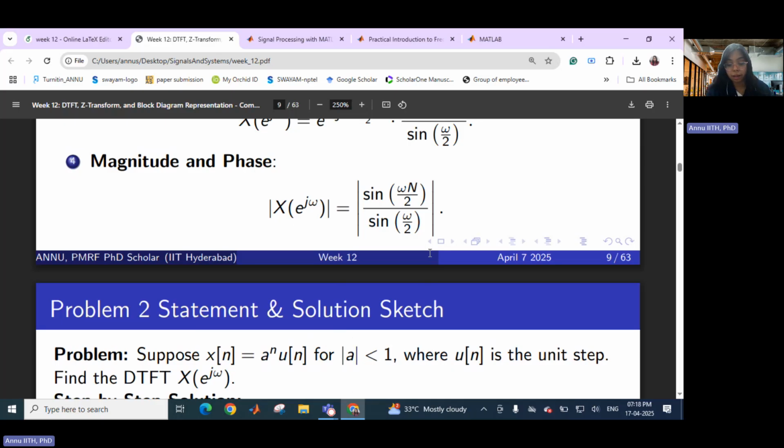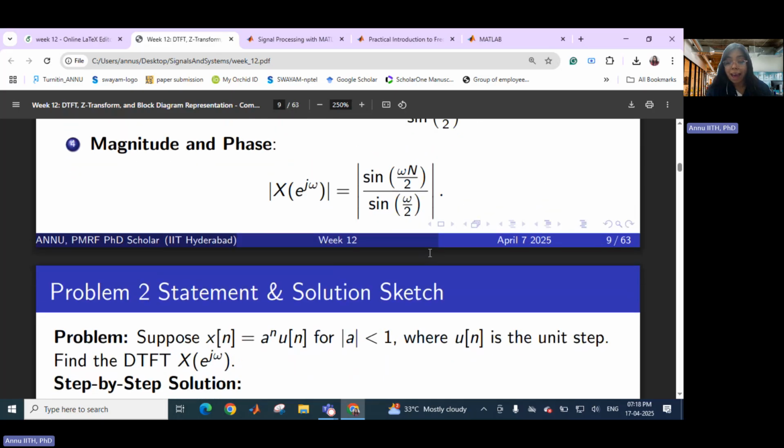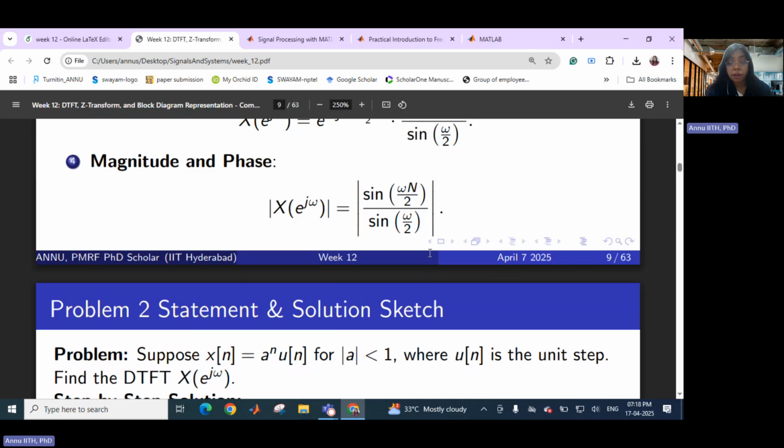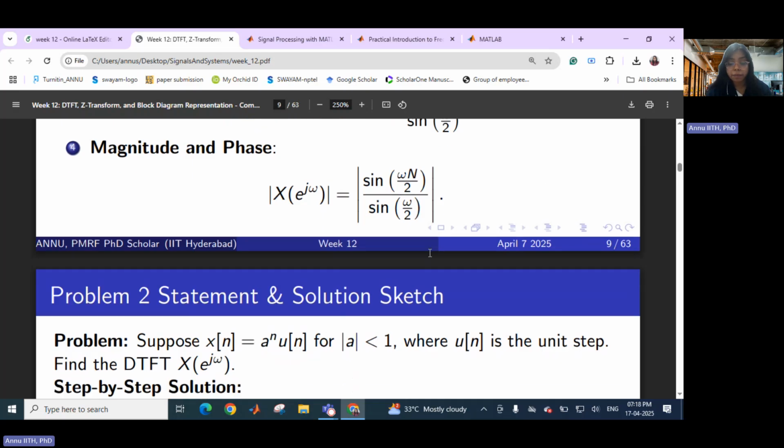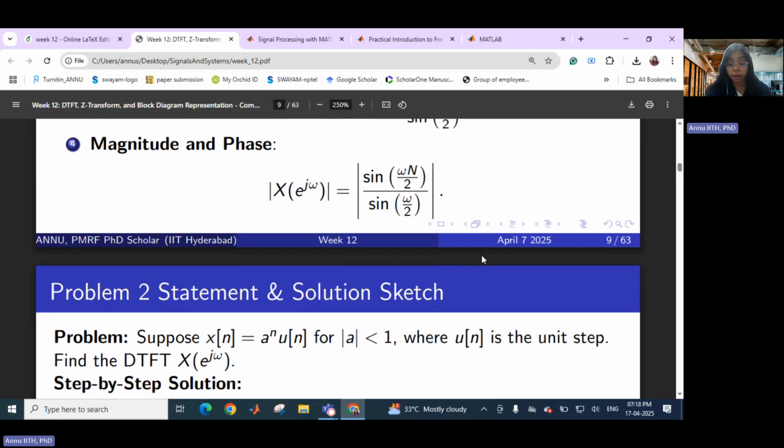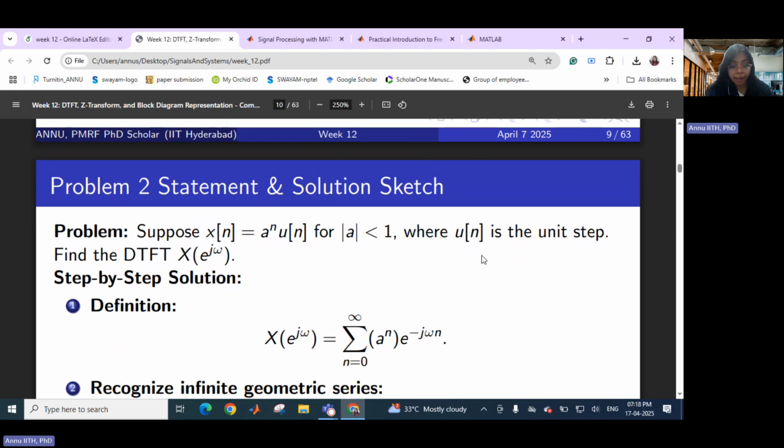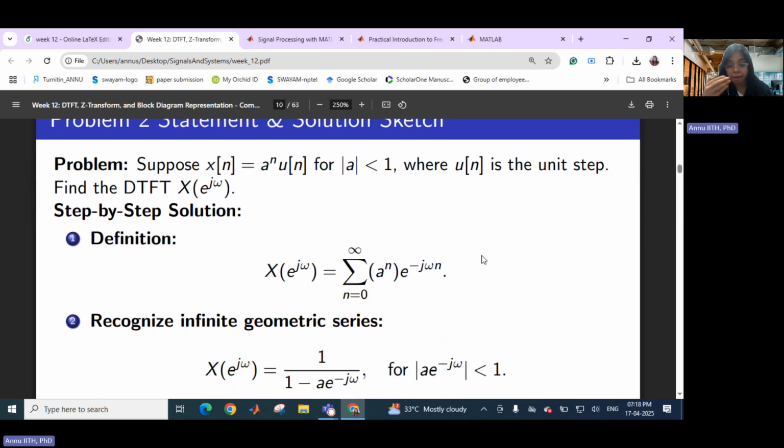everything to you. Okay. So we have x of n equals a to the power n u of n, for mod of a less than 1, where u of n is the unit step function. Find the DTFT, which is X of e to the power j omega. So what is the first step? Again, we need to go through the steps.